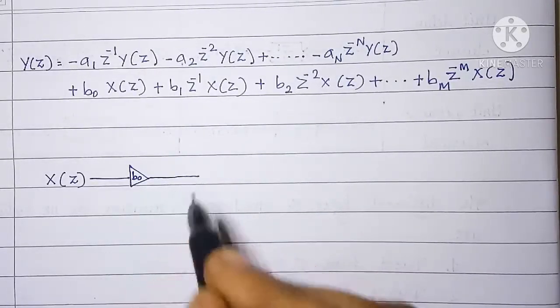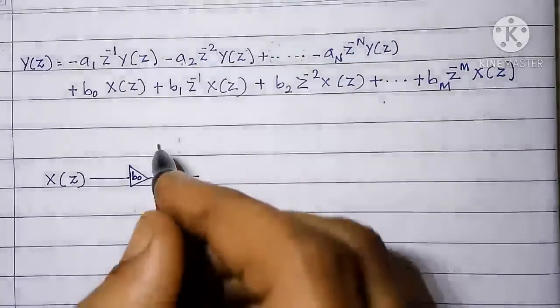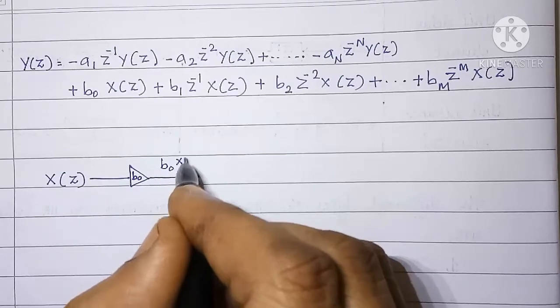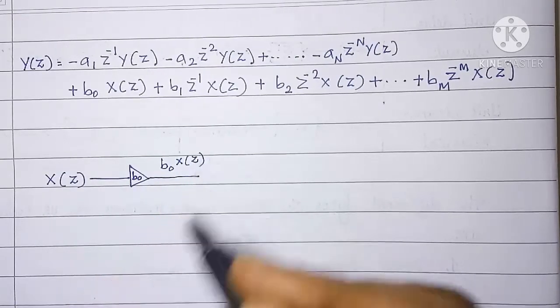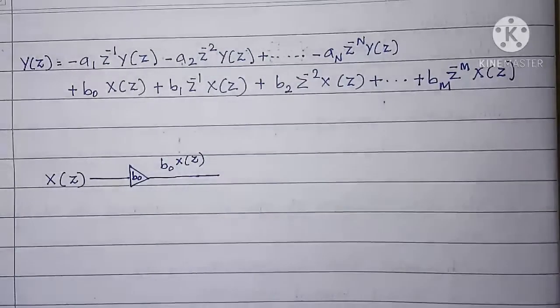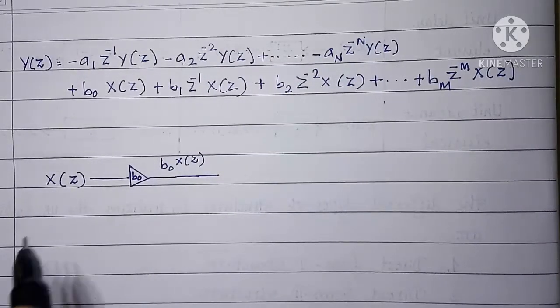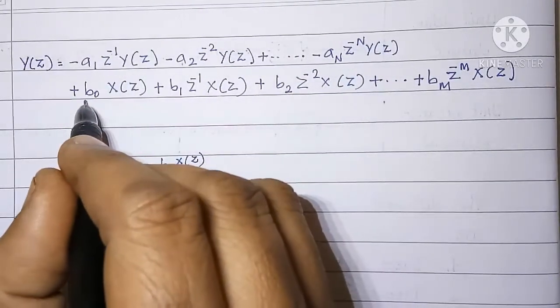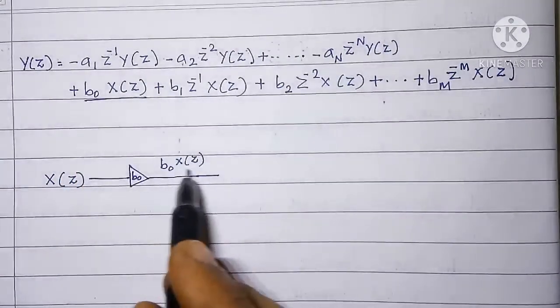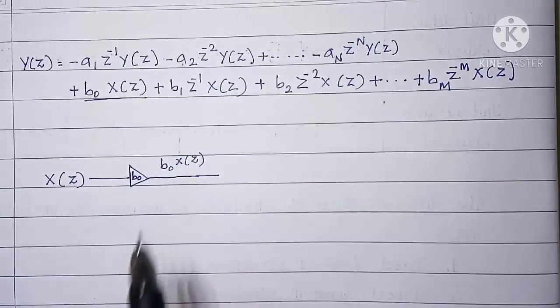So what we'll be having as output now? We'll be having output as b naught into X of z. So we got this term here now. B naught into X of z is here, so I got that term here.